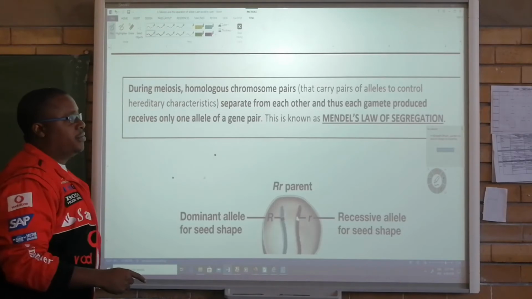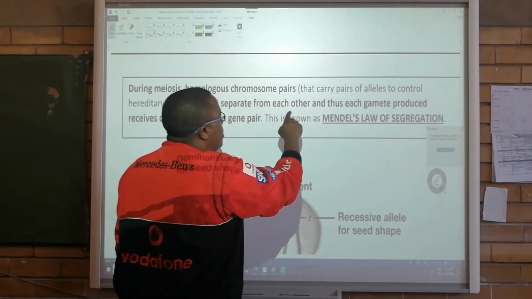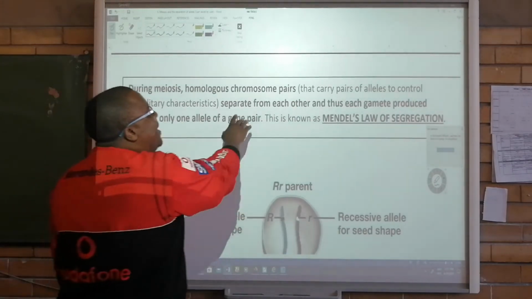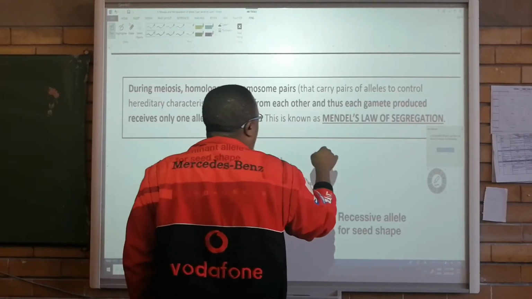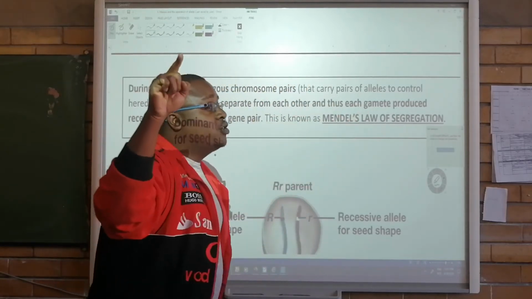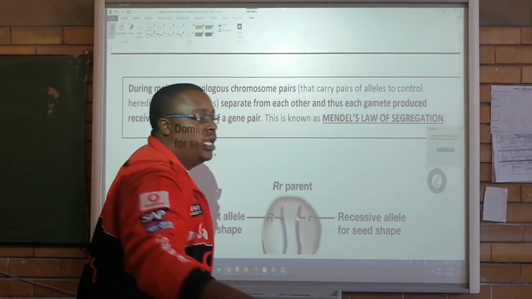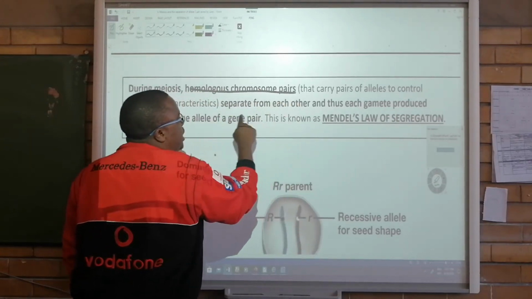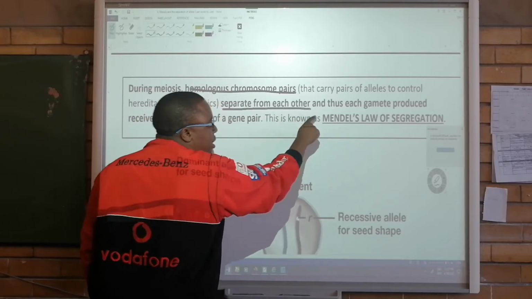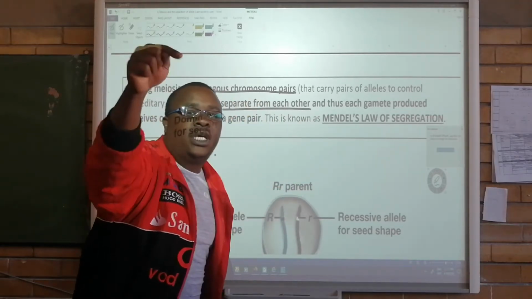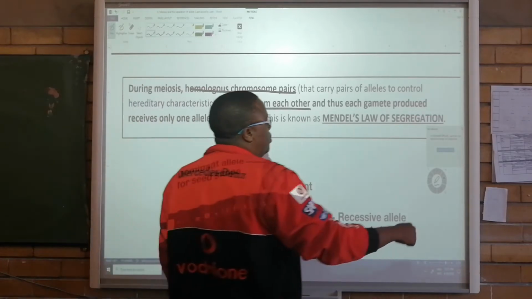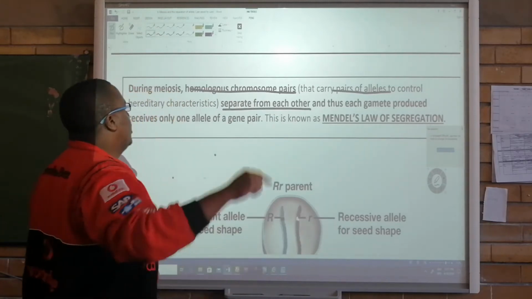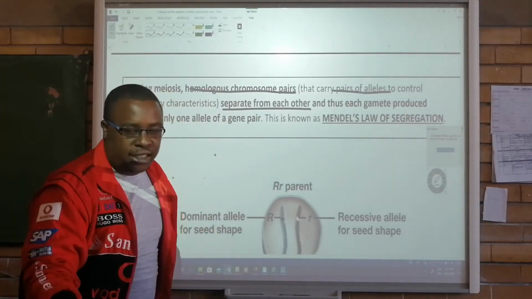During meiosis, homologous chromosome pairs that carry pairs of alleles to control hereditary characteristics separate from each other. So, homologous chromosome pairs are what? Are separating. And every time when the two are separating from each other, what are they separating also? They are separating pairs of alleles that control hereditary characteristics.